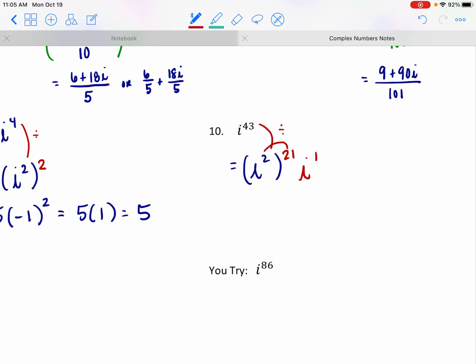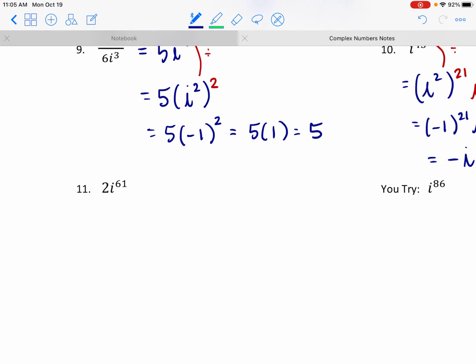So that's 42 plus 1, which makes the 43. Okay? So now we're looking at i squared gets replaced with negative 1 to the 21st power times i, and that's going to be a negative 1 in front of that i, so a negative i.